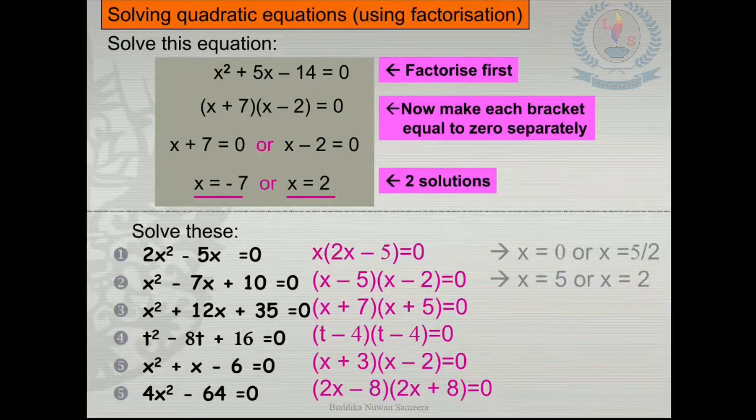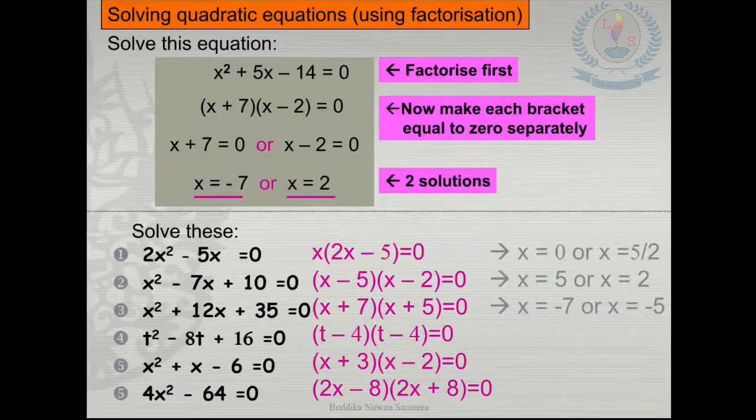Third one, x plus 7 and x plus 5 you can equal to 0. When you equal x plus 7 to 0, the answer is x equals minus 7. When you equal x plus 5 to 0, the answer is x equal minus 5.